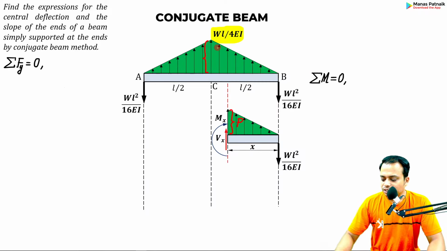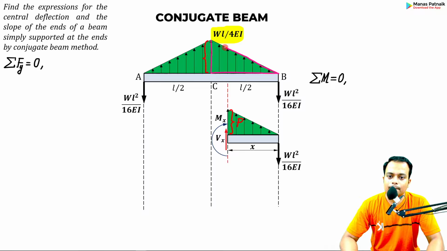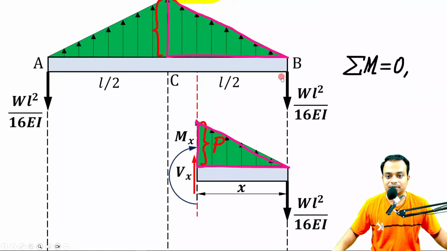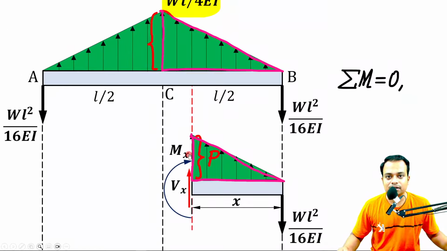If you watch carefully, these two triangles, what is the property they share? Sir, these two triangles are appearing similar. Yes, they are similar. Then the ratio of the sides would be the same.